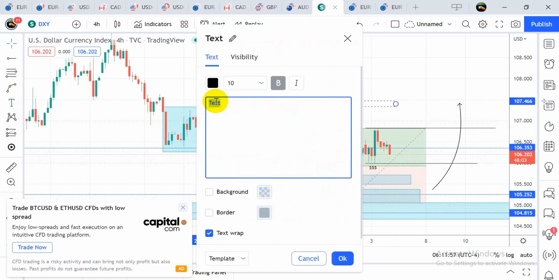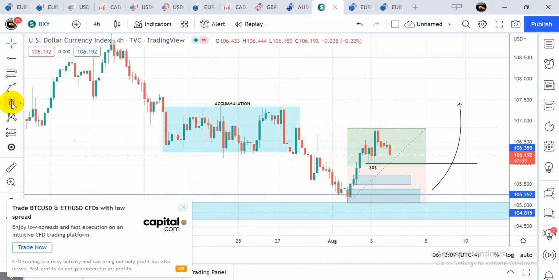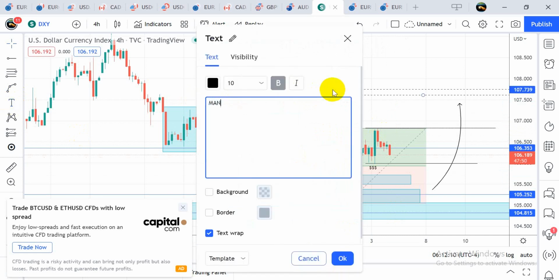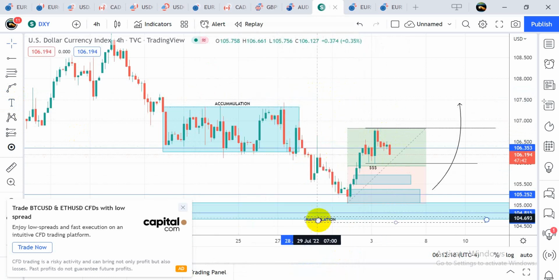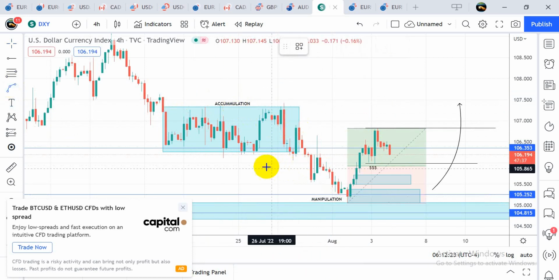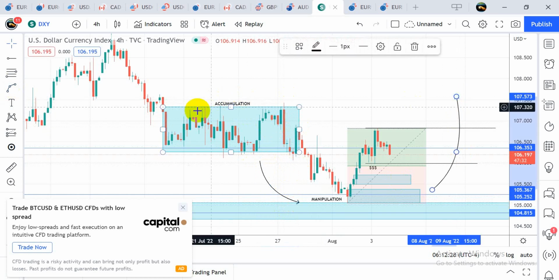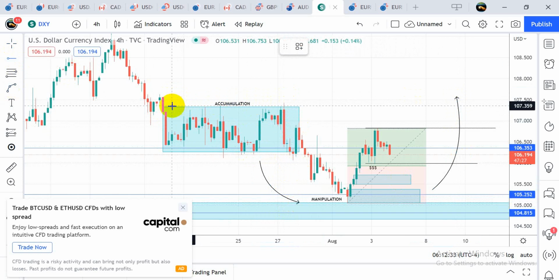So this is your accumulation, manipulation to the downside. Here we had our manipulation to the downside, accumulation here, manipulation to the downside, then distribution above accumulation. So this should be our first target in DXY if we were to trade DXY.